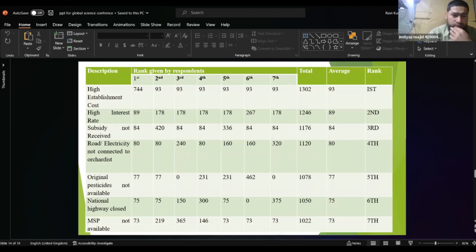After the survey, we found that high establishment cost gets the first rank, and as we see, high interest rate, subsidy not received, roads and electricity not connected to the orchards, pesticides not available, highway remains closed in the peak season, and MSPs are not available. These are all given the ranks according to what we received from our respondents.